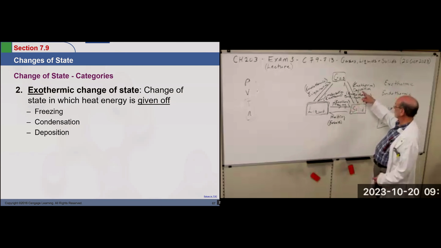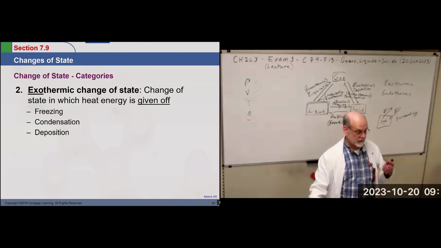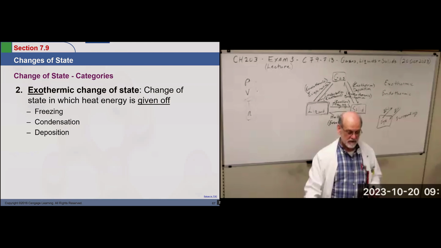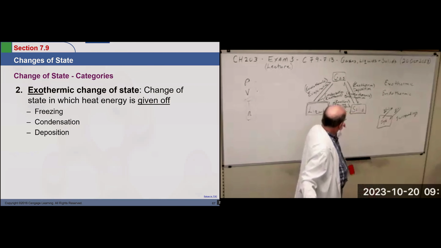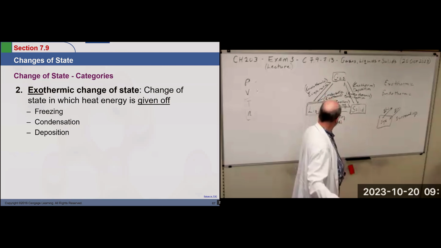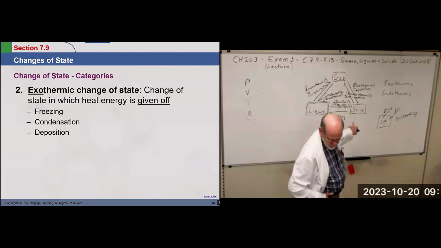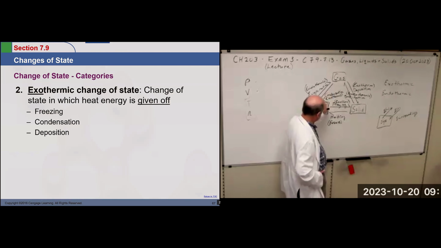And deposition, exothermic. Okay, got them all right. Heat is being given up in order to change state in the other direction, gas to solid or liquid to solid.